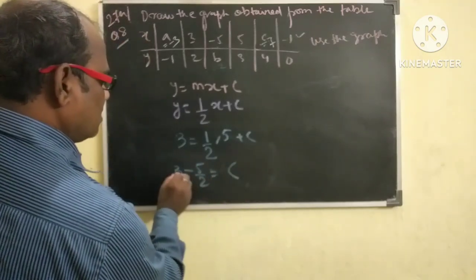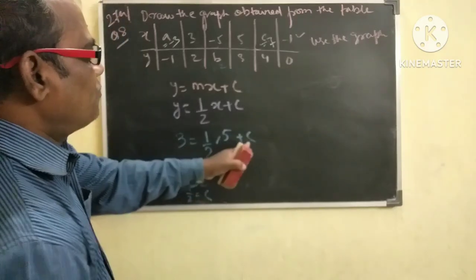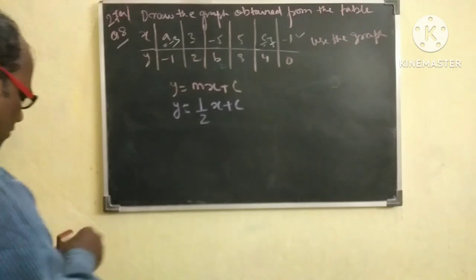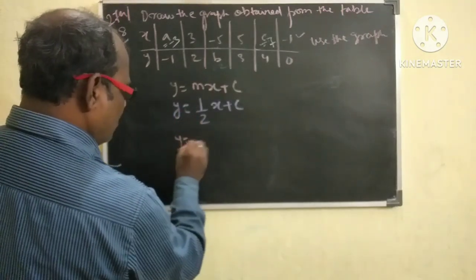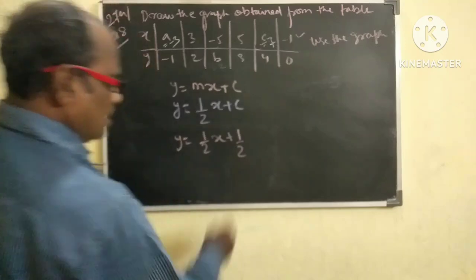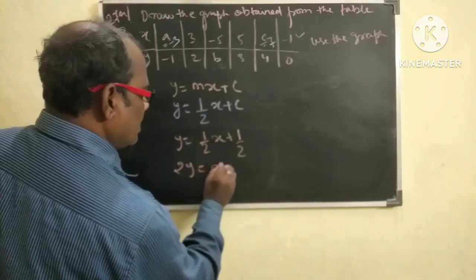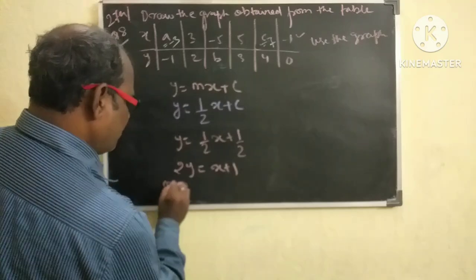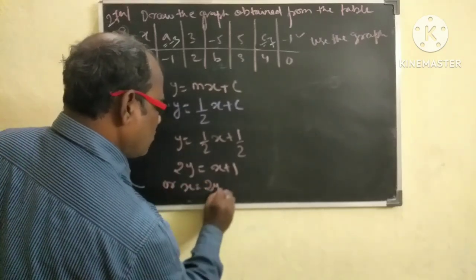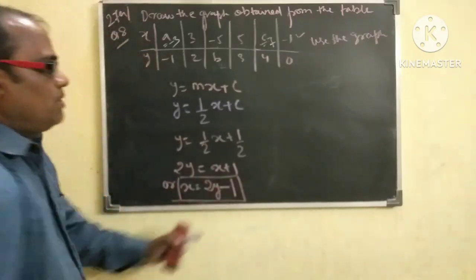That means half equals c. So the value of c is half. Now we can write this equation as y equals half x plus half. Now if you transform this, we get 2y equals x plus 1, or x equals 2y minus 1. This is the required relation between x and y.